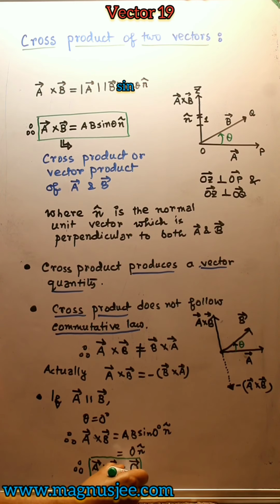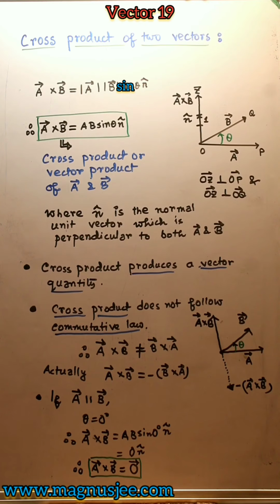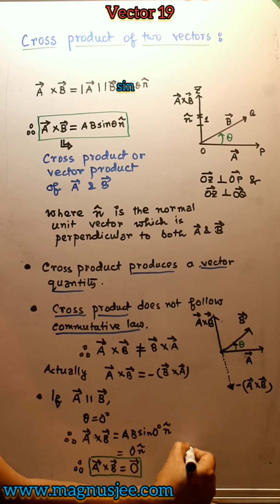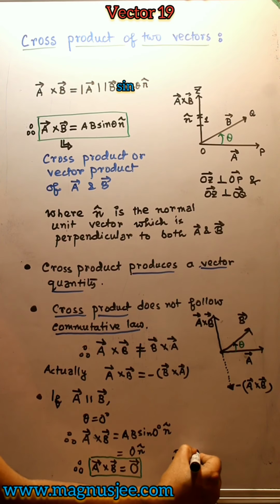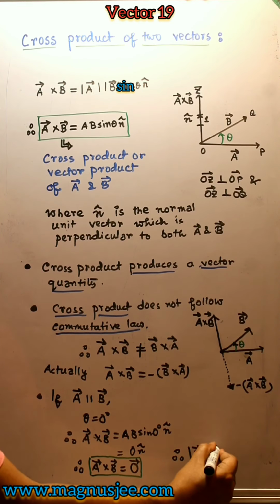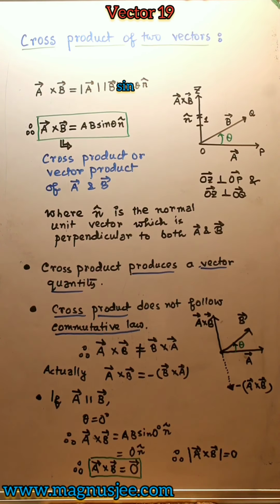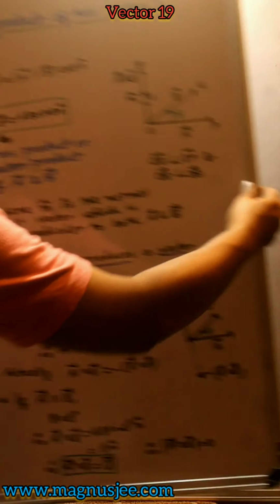This is the formula: vector A cross vector B equals 0 vector. Therefore, the magnitude of A cross B equals 0.